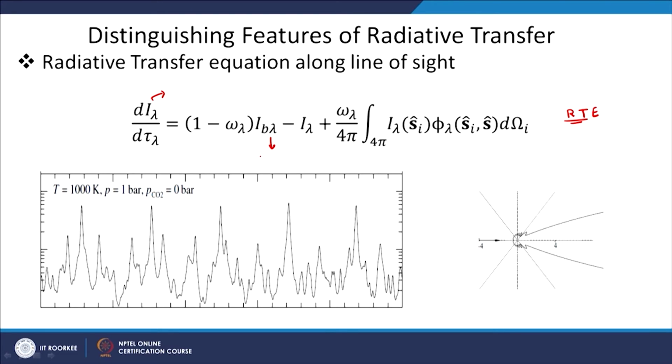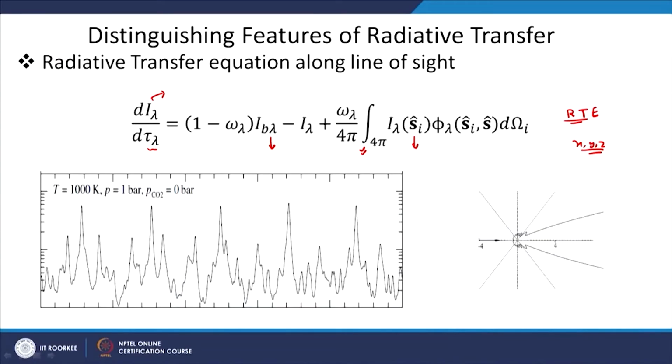Now, this radiative transfer is written in a given direction, so we have direction as a variable, and then this tau lambda is a non-dimensional coordinate. We will have x, y and z spatial coordinates if we are solving this equation in 3D. In non-dimensional form it has been written as tau, where tau is the optical distance.